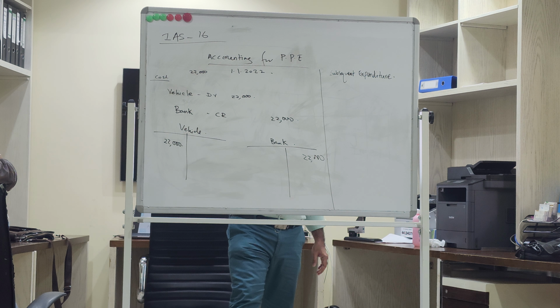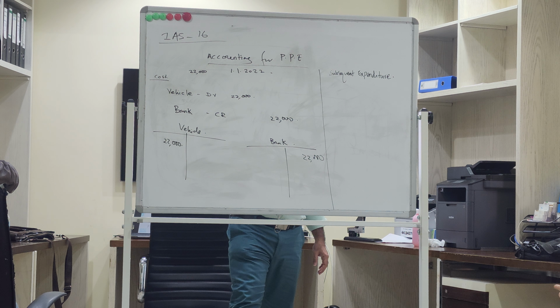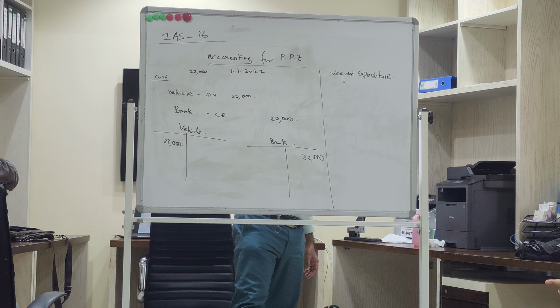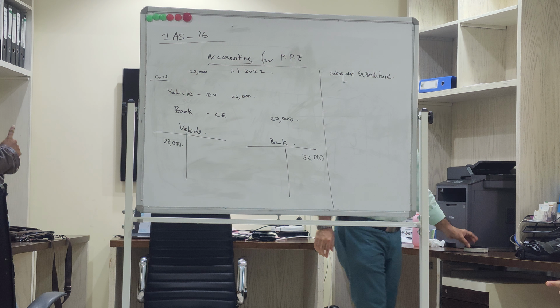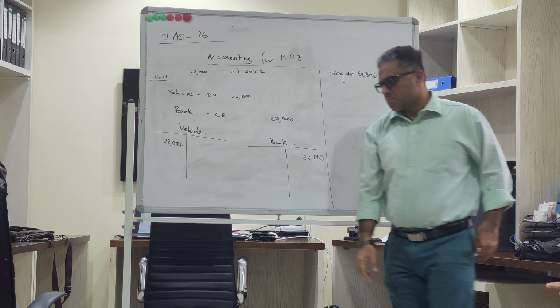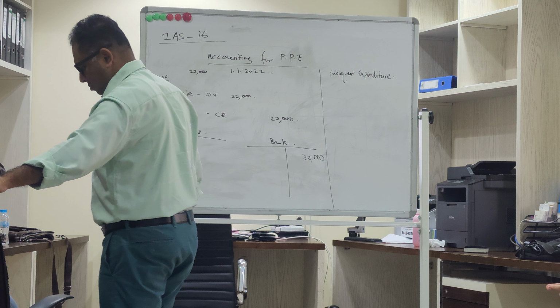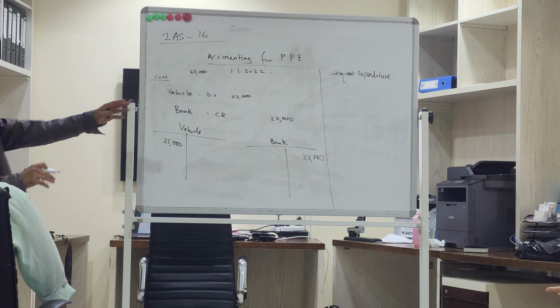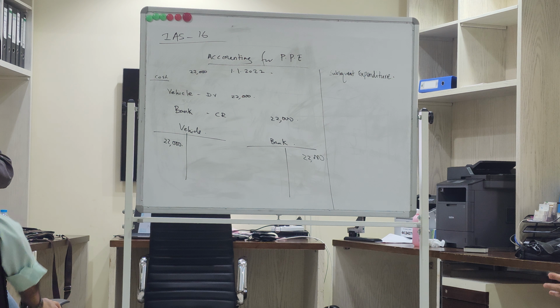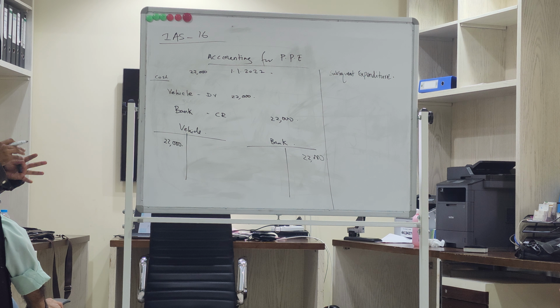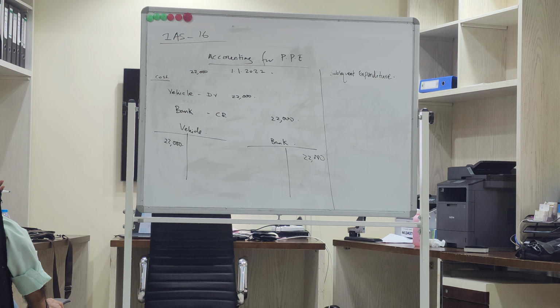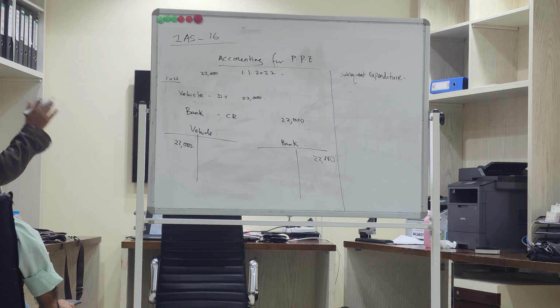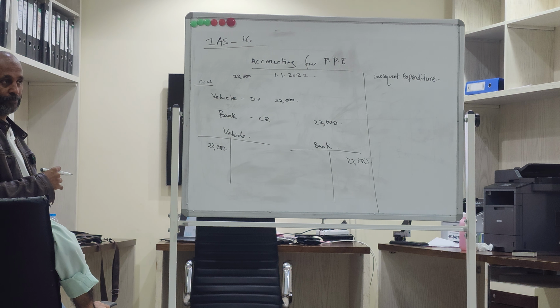Now I bought the car, I took the car out on the road. Let's assume insurance is already part of this. Is that clear? So subsequent expenditure is a very vital part. We need to evaluate whether these are part of the car or not.